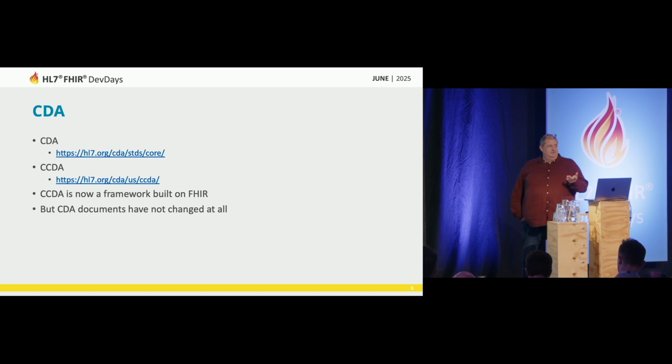Now, they are the original CDA documents. They haven't changed at all. They're just fully described by FHIR logical models or FHIR structure definitions. And because the validator, and therefore the publisher, know how to read those structure definitions and then read the XML, it's just more content.